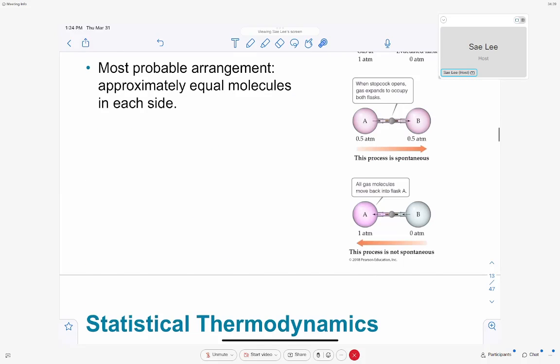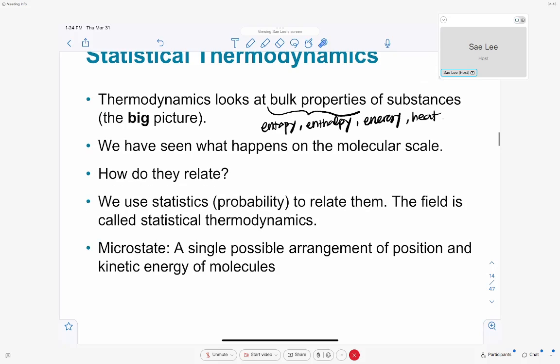We call this possible arrangement of positions and kinetic energy of molecules a microstate. A microstate is a term used to describe different possible arrangements of molecular position and kinetic energy at a particular thermodynamic state, or in other words, a measure of the number of arrangements of the atoms in a system that we can have.